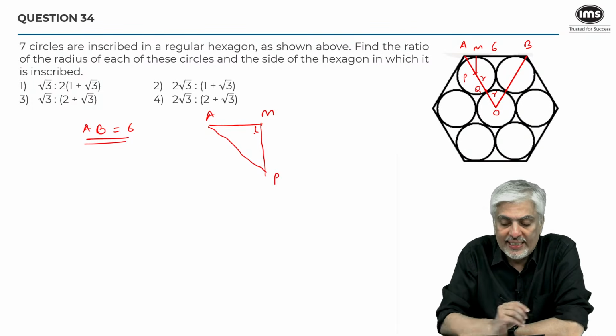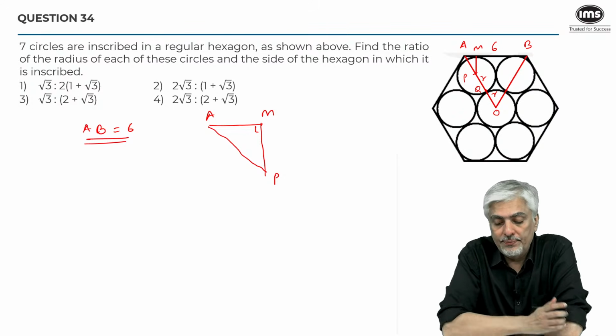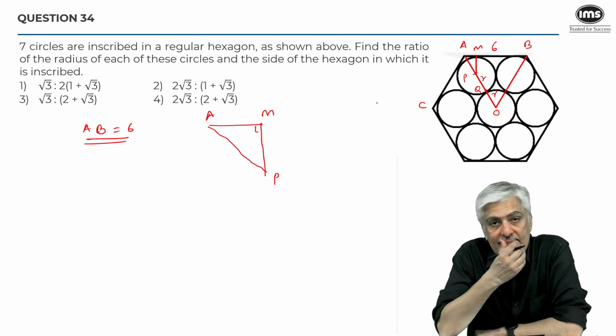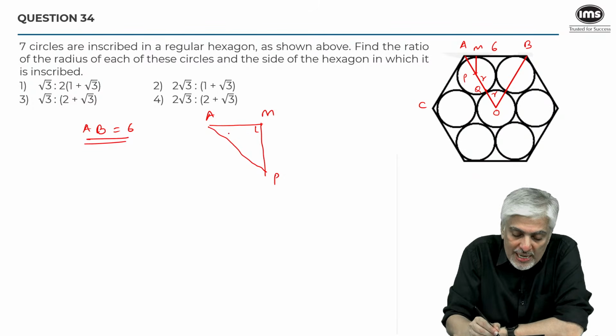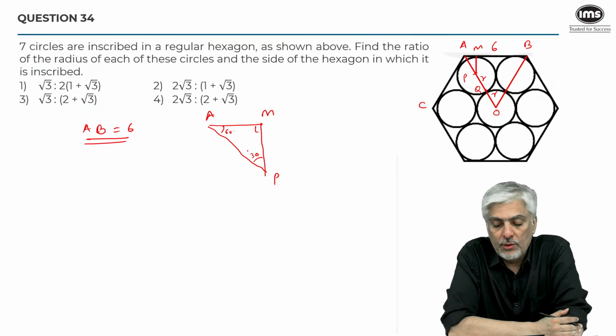This angle is 90, I can see. What about angle MAP? Because it's a hexagon, in the hexagon the whole angle is 120 degrees. The full angle A, if I call it BAC, BAC is 120 degrees. So BAP is 60 degrees and this is 30 degrees, right?